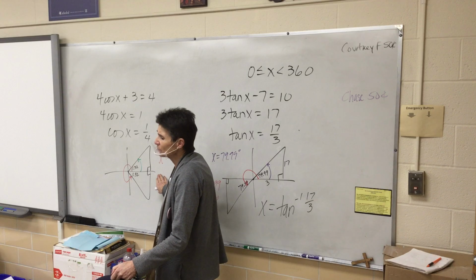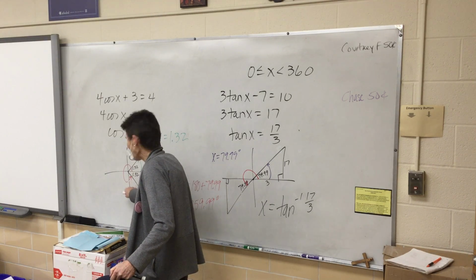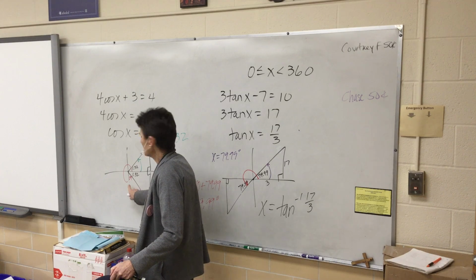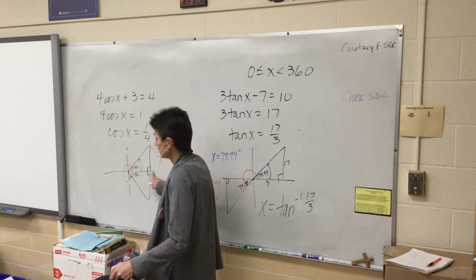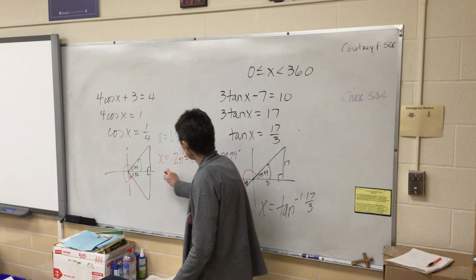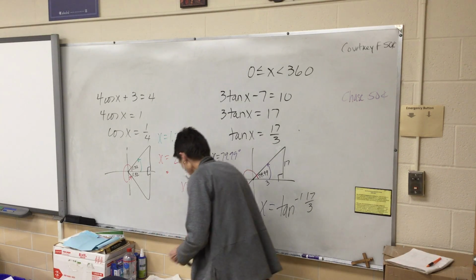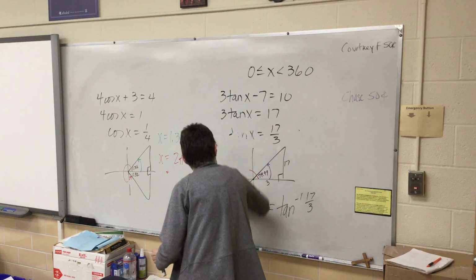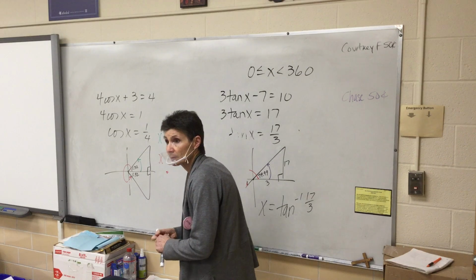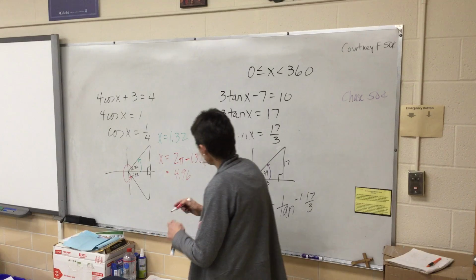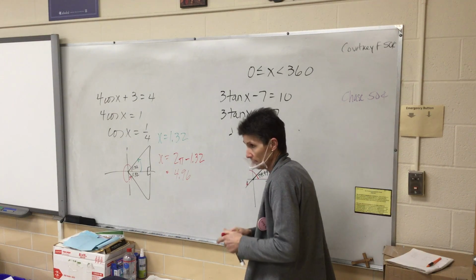If you mess around with 270, you're finding angles that aren't even in the triangle, right? So don't do that. Use 360 or in this case 2 pi. So 2 pi minus 1.32. So I'll type that in my calculator. 4.96. So those are the 2 answers to the problem.